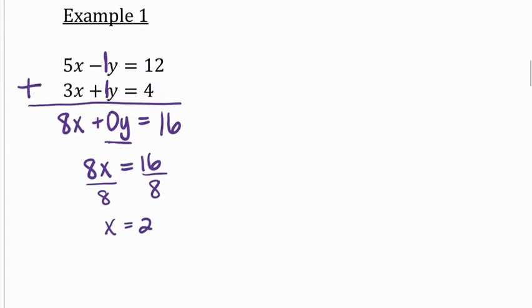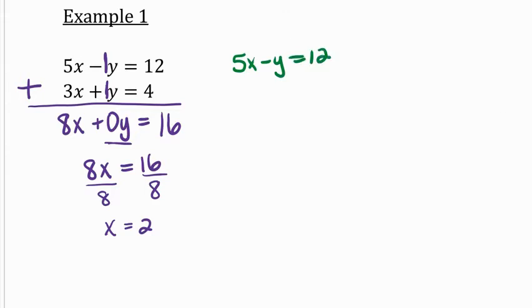Right? So now we've solved for one of our variables. Now that I know that x equals 2, all I have to do is plug it back in to either one of my two original equations. It does not matter which one. So I'm going to take the top equation, 5 times x minus y equals 12, and plug in 2 for x, because that's what I just found.